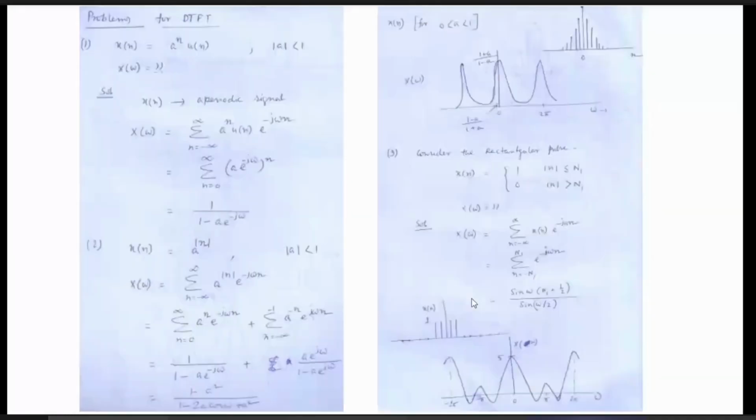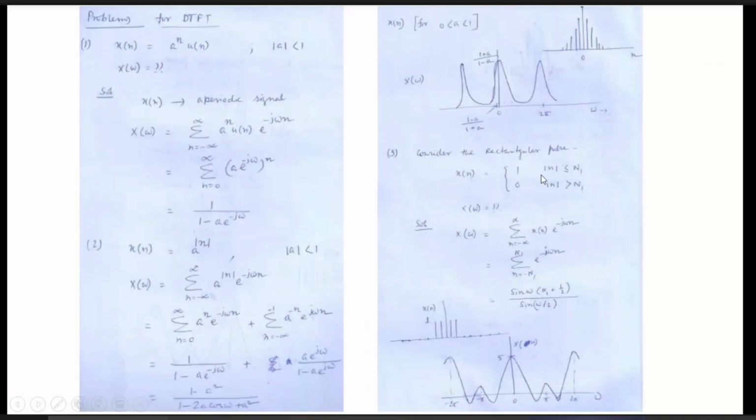Let us consider this example where we took one aperiodic signal whose Fourier transform was a continuous function of frequency, and it is periodic over 0 to 2 pi, after that it is repeating.